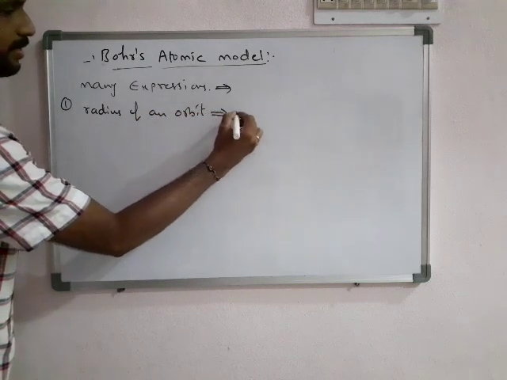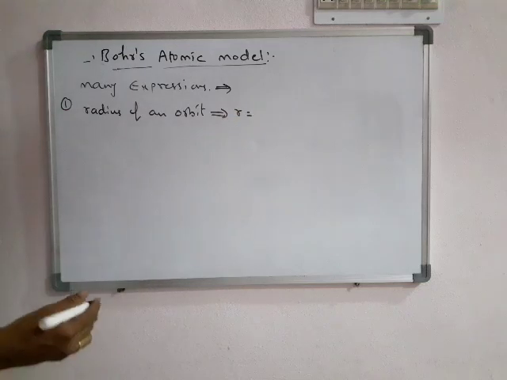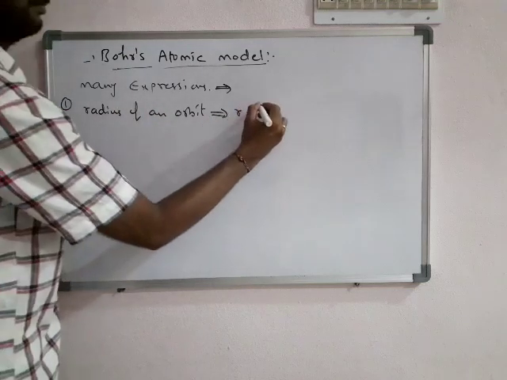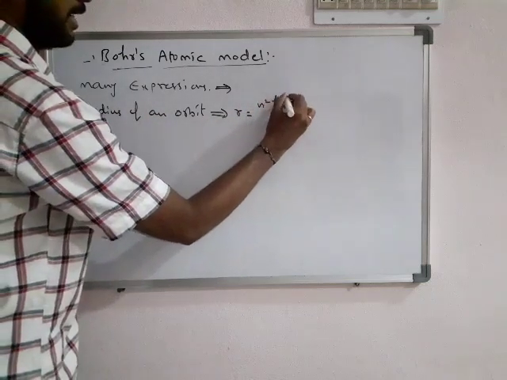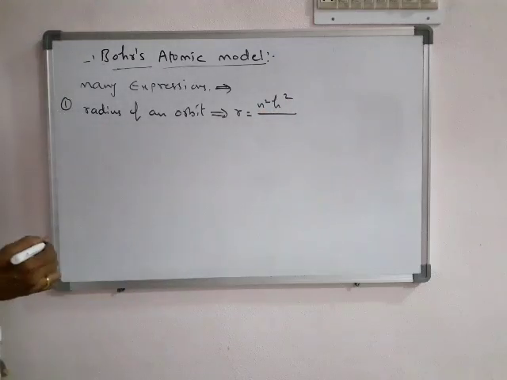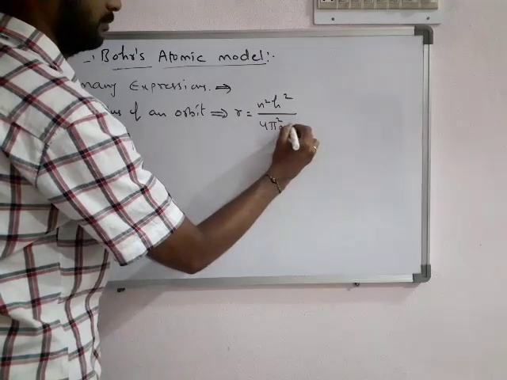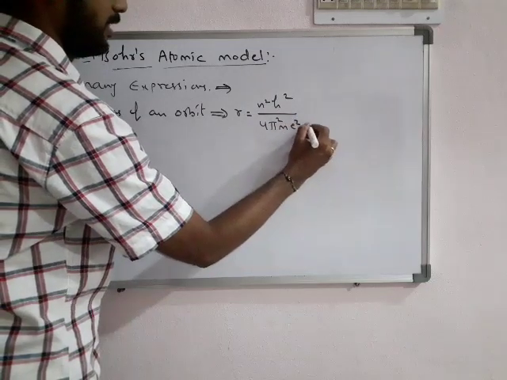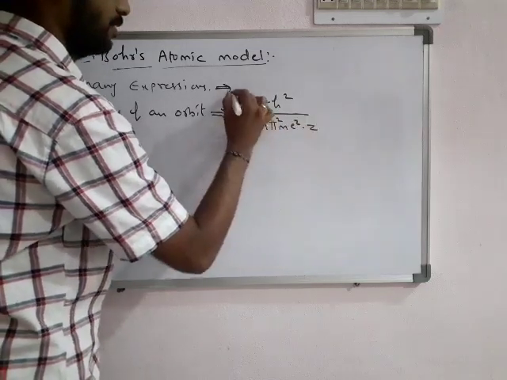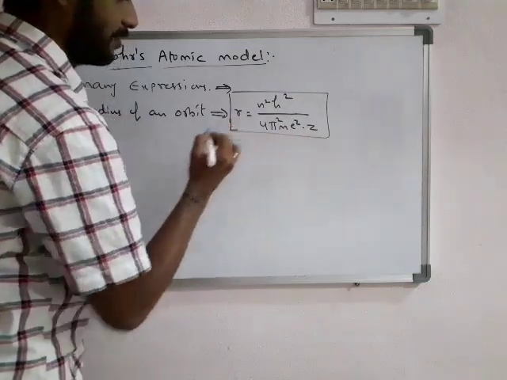Radius of an orbit is given as r equal to n square h square by 4 pi square m e square into z. So this is the radius equation.